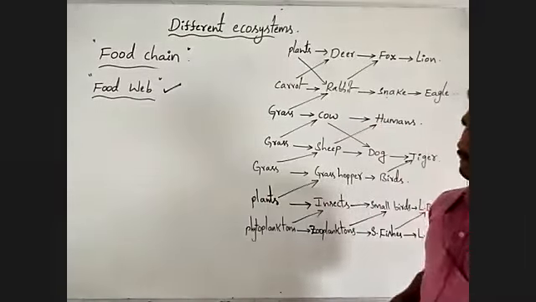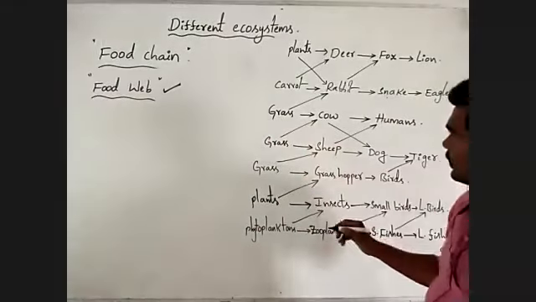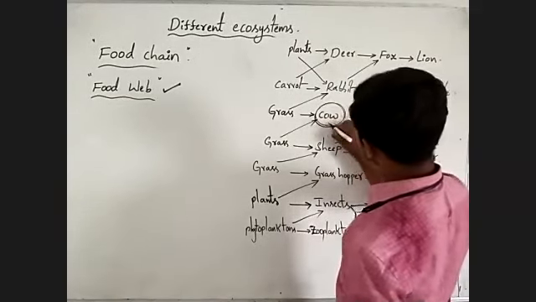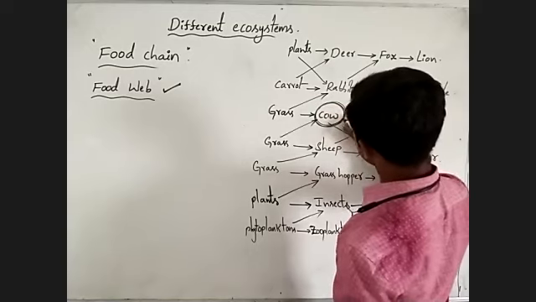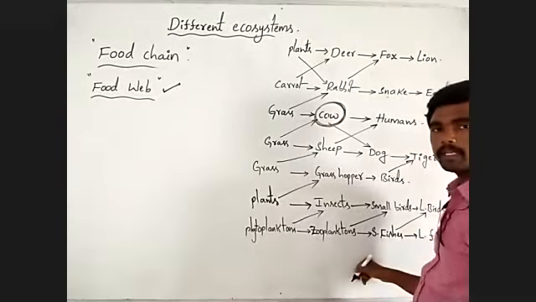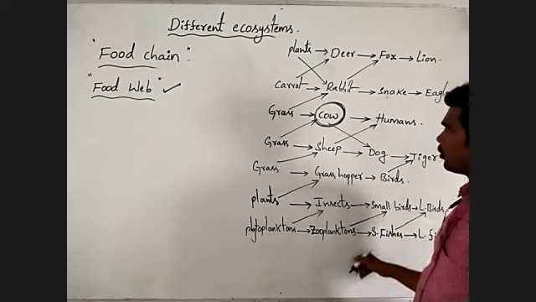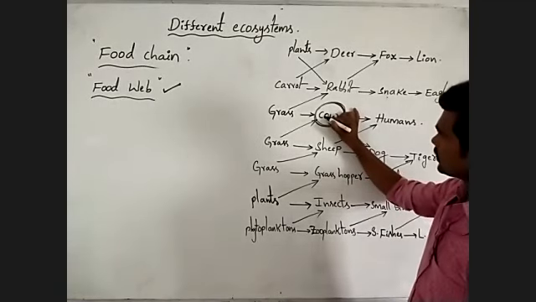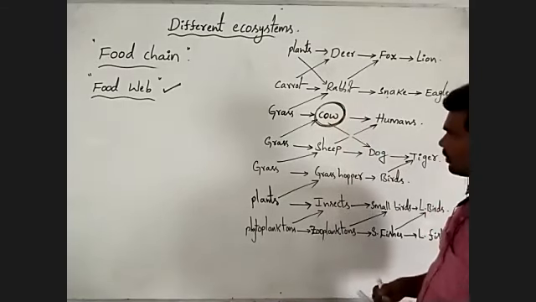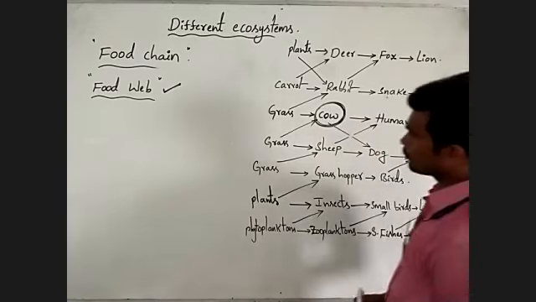Listen carefully here. The food web gives the position of an organism or biotic component in an ecosystem and its food habitat.